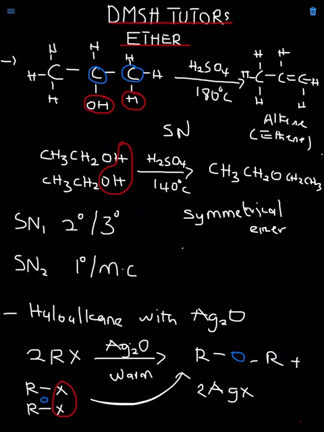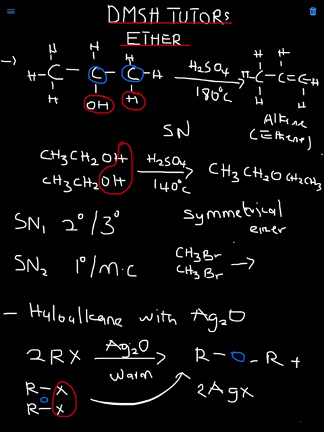For example, let's say we have 2 molecules of methyl bromide reacting with silver(I) oxide. The silver(I) oxide will remove the bromine and put the oxygen there.